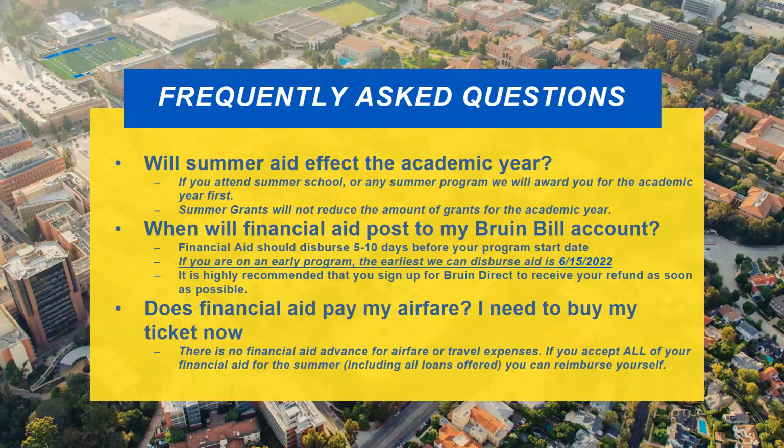So can you reduce the academic year loans and award that $2,500 of federal student loans? Can you move it and award it under the summer? So you can petition to do that.